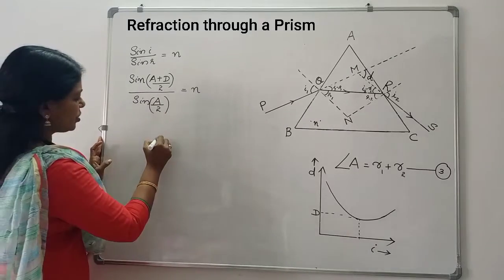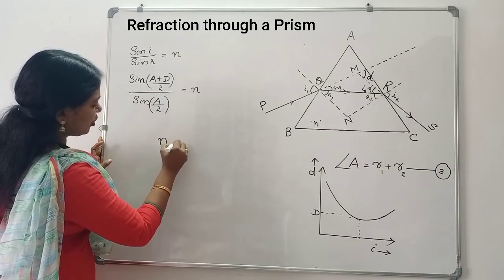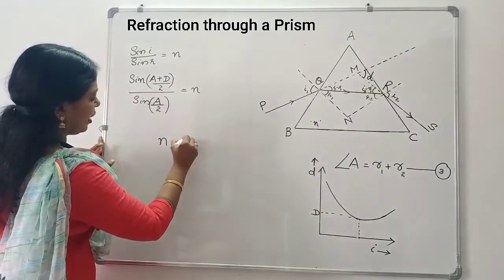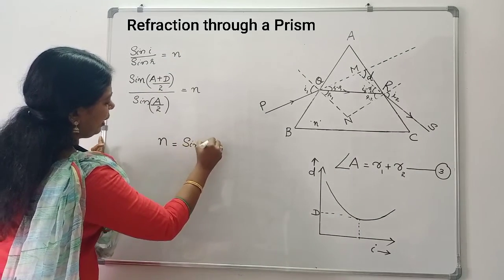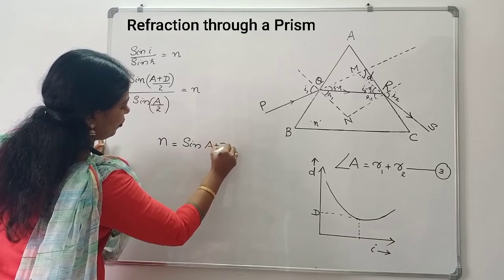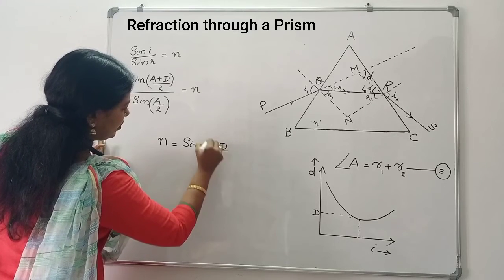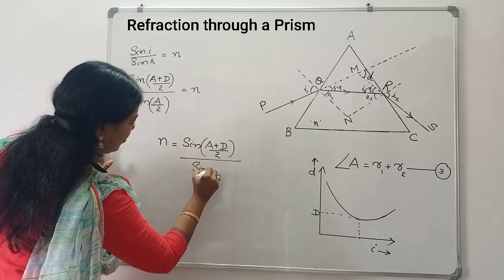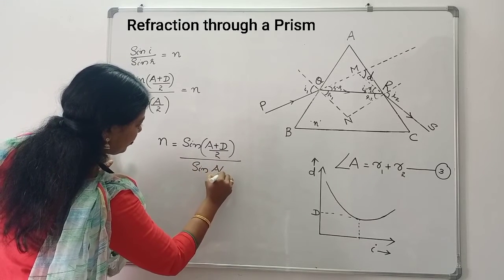Or we can write refractive index of the material of the prism n is equal to sin (A plus D by 2) divided by sin A by 2.